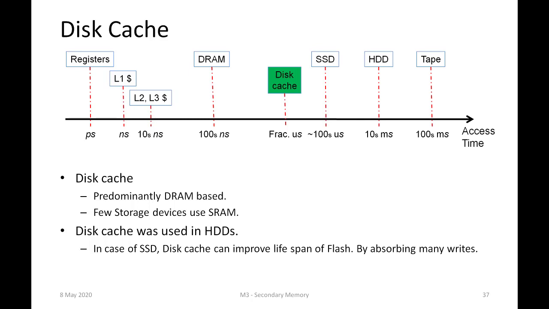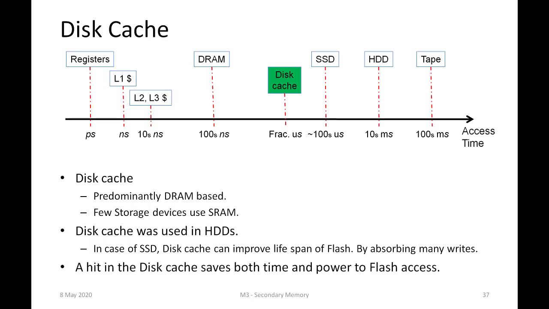The second one is, if the disk cache is able to absorb many of the writes from the processor, it would improve the lifespan of the SSD flash memory cells too. In addition, if we have a hit in the disk cache, we would also save the power to access the SSD. So it is a very simple and lucrative solution that the designers have used when they are proposing a few storage solutions and products based on that.